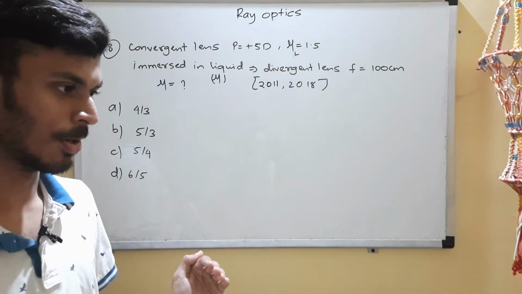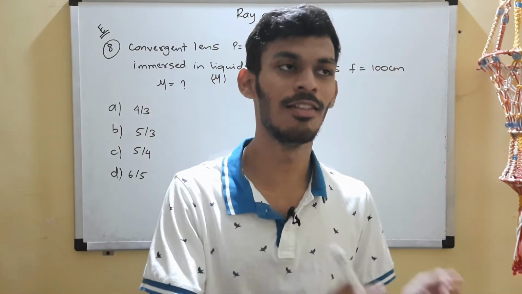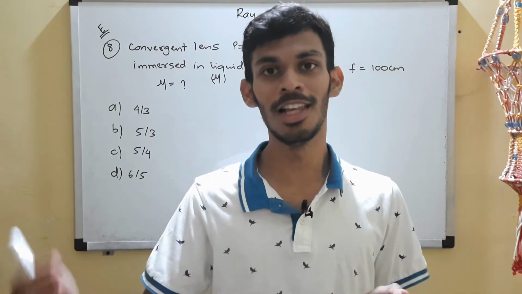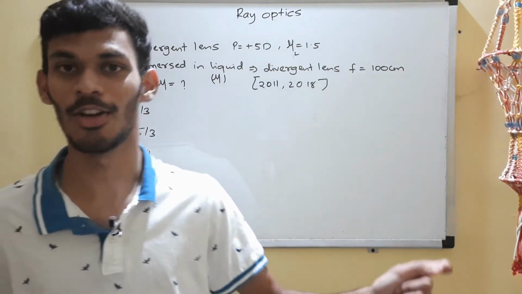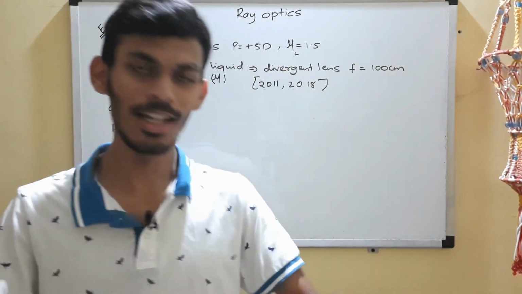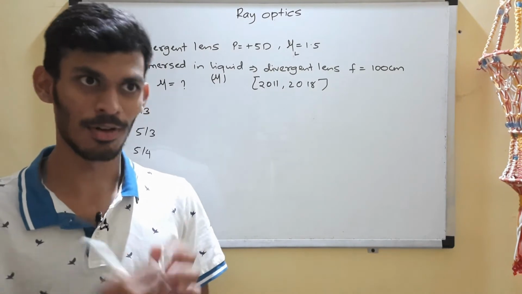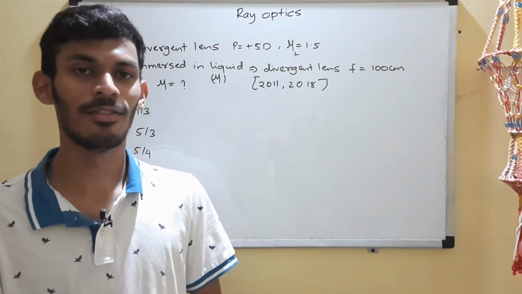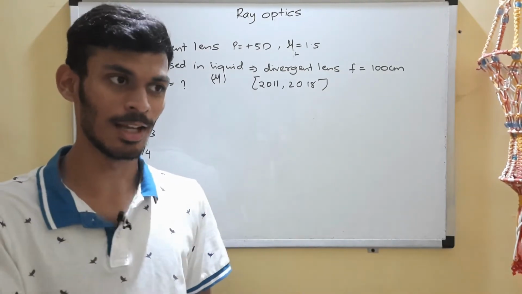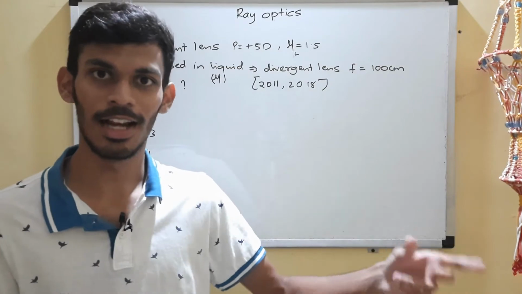Okay, so just remember this thing, that a lens will change its nature when immersed in a liquid only when the liquid has a refractive index greater than that of the lens. Okay, I repeat it again. So a lens will change its nature from convergent to divergent or divergent to convergent, okay, only when it is immersed in a liquid which has a refractive index higher than that of the lens.